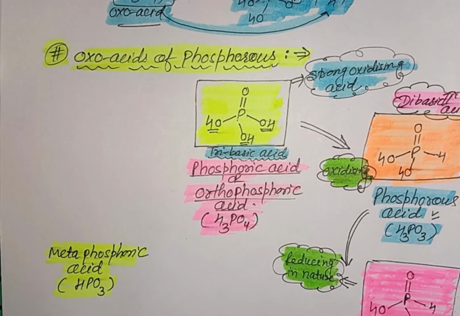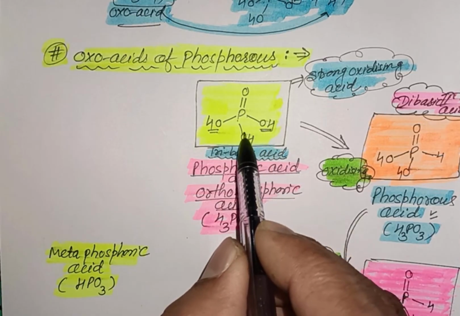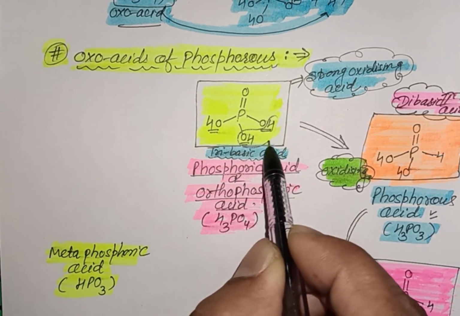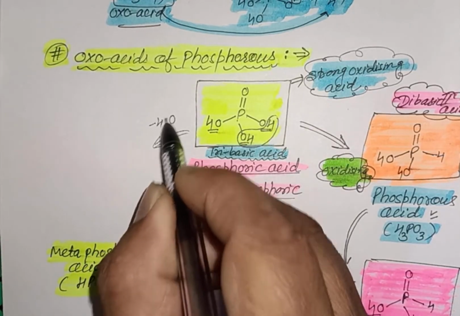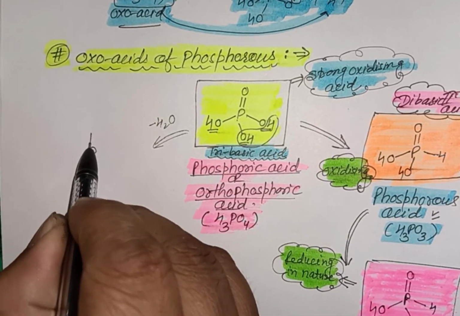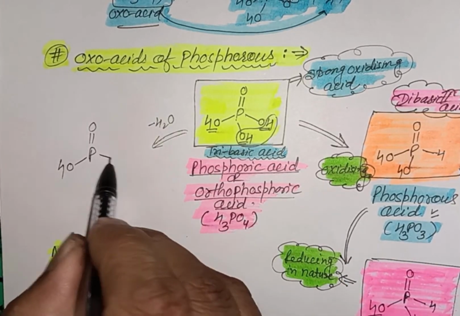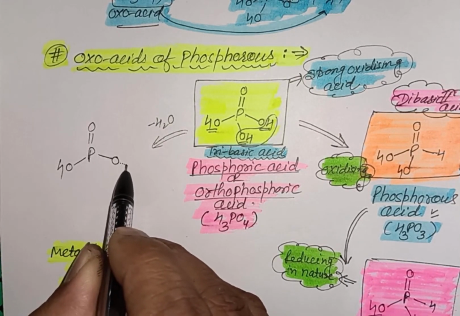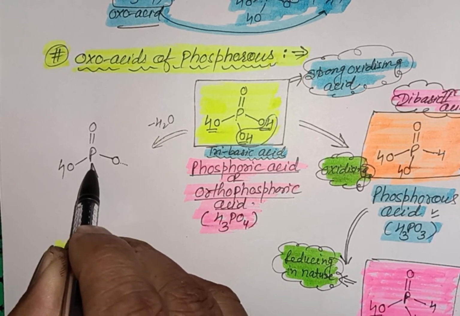And the last one is the metaphosphoric acid. If we remove one molecule of water, minus H2O, from phosphoric acid, it will form P double bond O, OH, and this is O. This bond is empty and that can be joined with another species, and this bond is also empty.